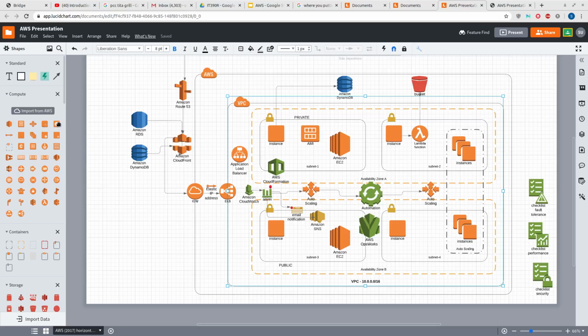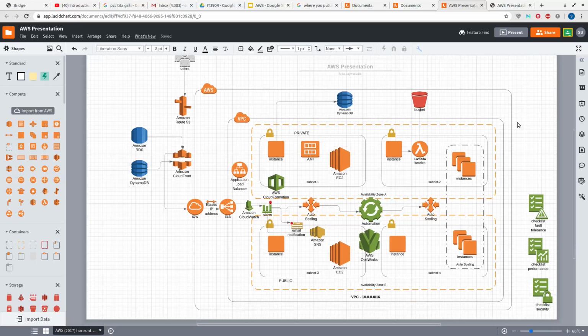And I think we could add more security to it. We could add pillars like performance and security pillars. And we have the security checklist, Amazon CloudWatch, and Amazon SNS, the SMS message service.